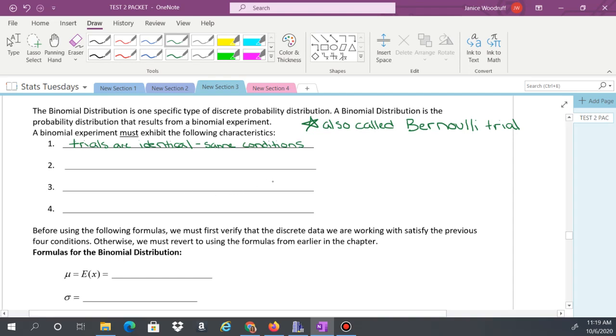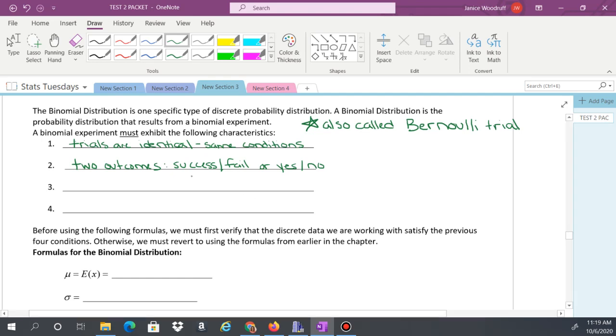The second is you have two outcomes, and only two outcomes. Those two outcomes are either success or failure, depending on what you consider, or you could have yes or no. From our first example, you suffer from math anxiety or you don't. You're happy at work or you're not. There's no in between, yes or no.